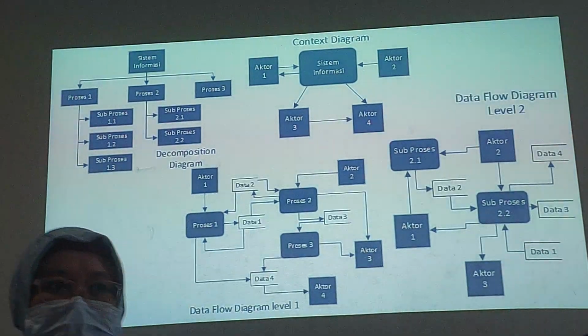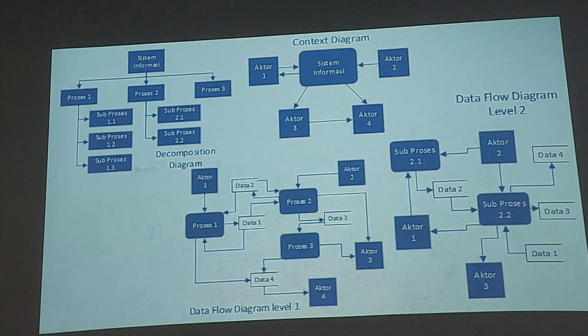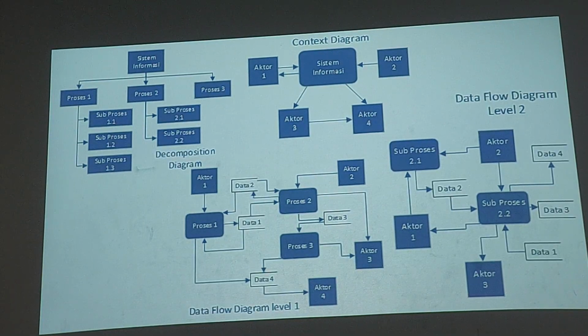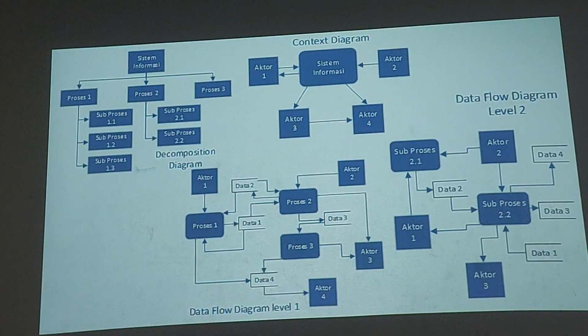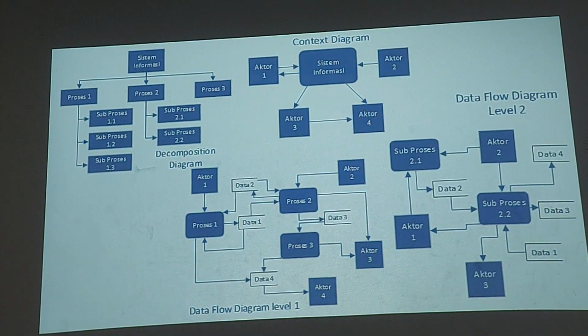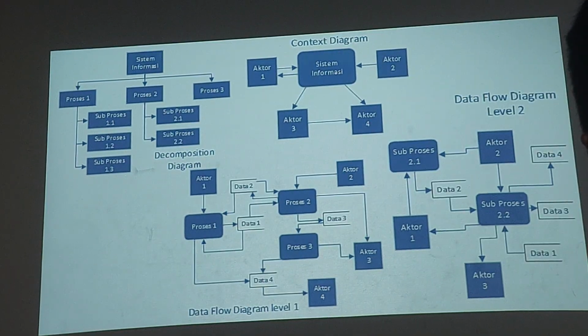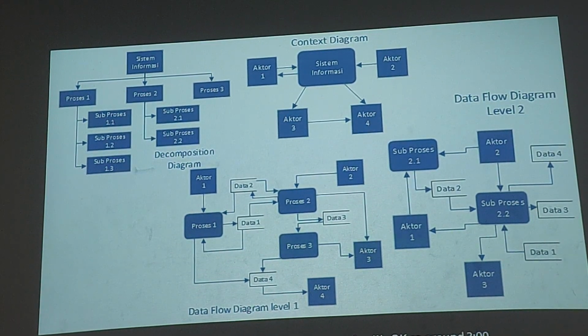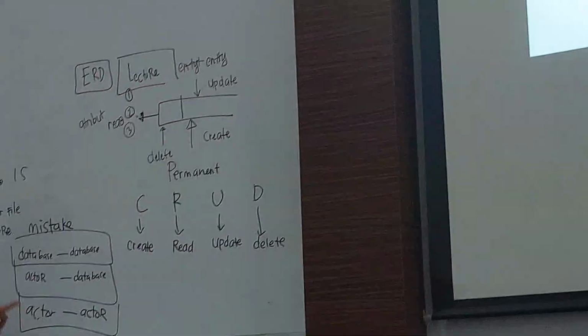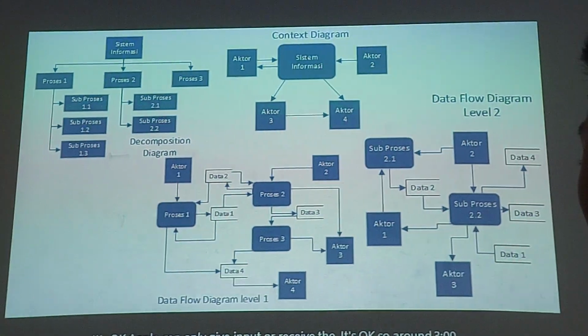I think they are easily level 2 because there's no input. It's okay. An actor can only give input or receive the output. Yes? So from actor 3 until actor 4, there is no process. Yes. This is a mistake. You are correct. Good.